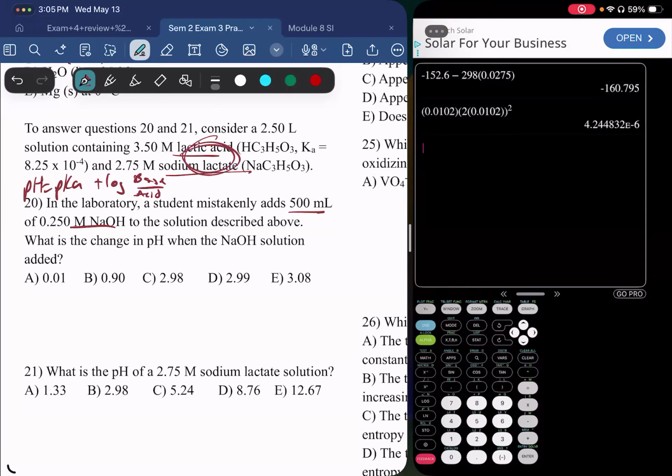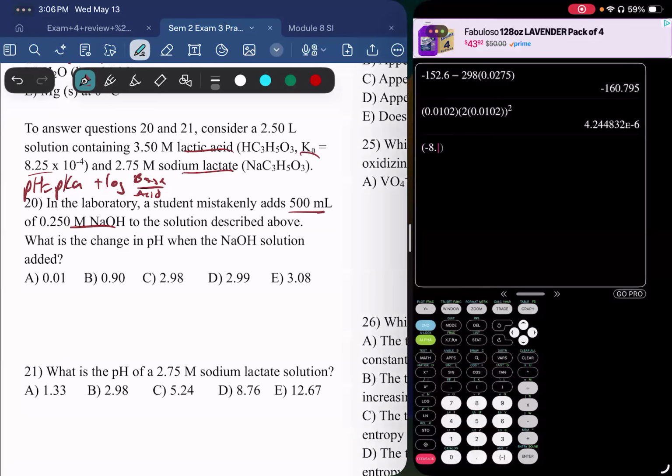We can do that because we have a weak acid, its conjugate base, and the Ka value. So it's going to be negative log of 8.205 times 10 to the negative 4, and then plus log of base, which is 2.75, divided by acid, 3.50.